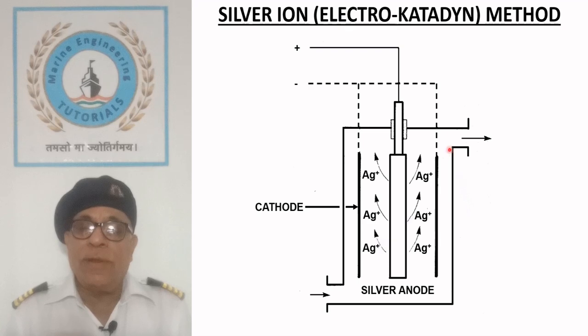The sterilizer consists of an electrolytic cell formed by cathode and silver anode, placed close to the freshwater generator, and the rehardening filter is installed between sterilizer and the storage tank.